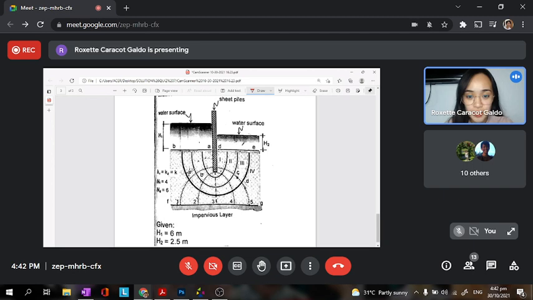So first we have to solve the head loss for each approximate square.